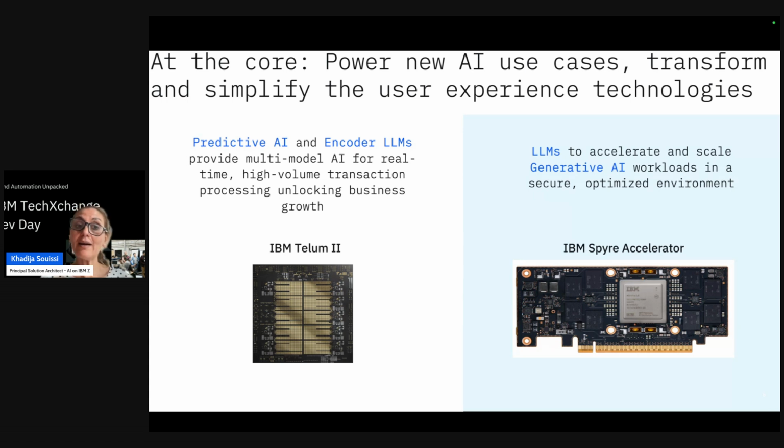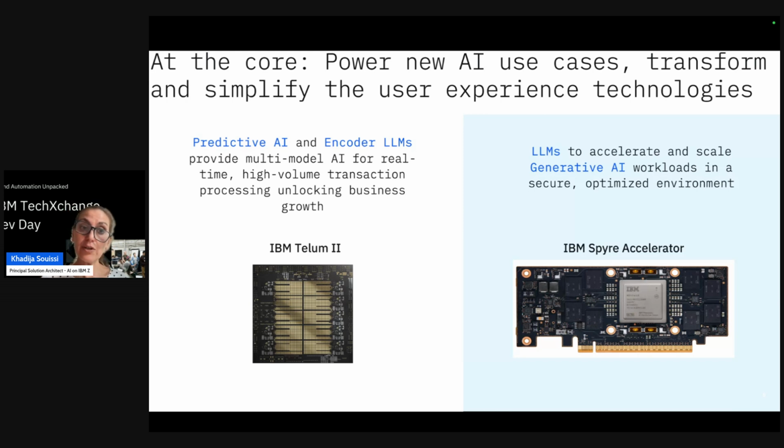And also we are advancing the capabilities of the Telum processor by providing support for large language models that are good at reading content like unstructured data and extracting some key insights. So those are not the typical large language models that you use for generative AI. We call them encoder large language models, and they are very good at reading content and providing some key insights.